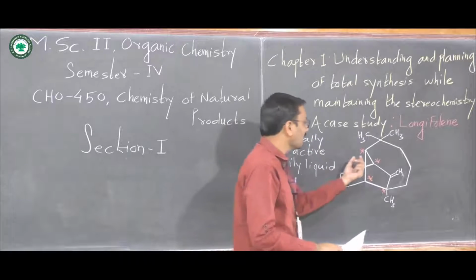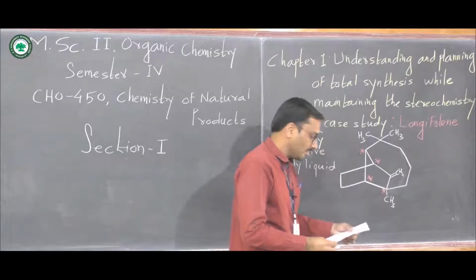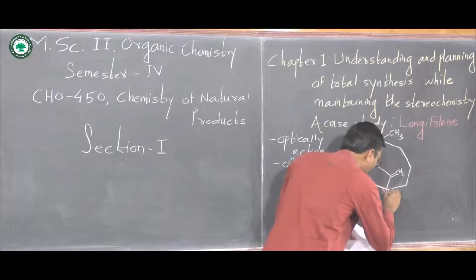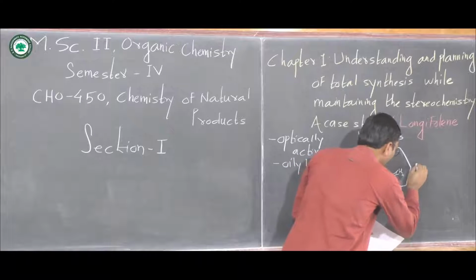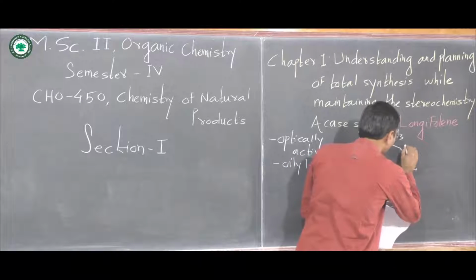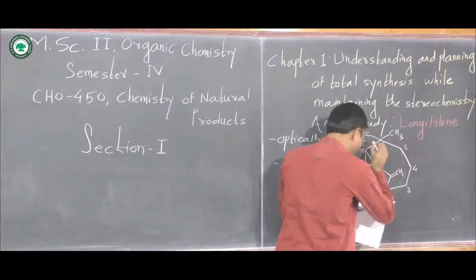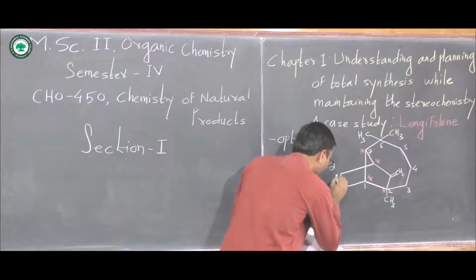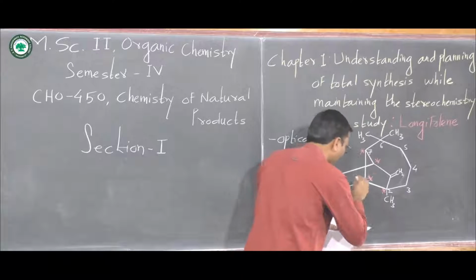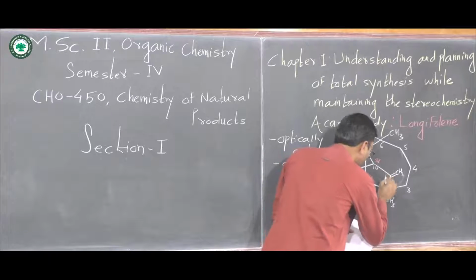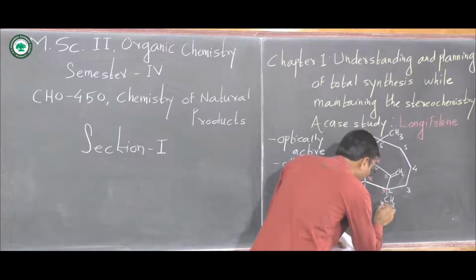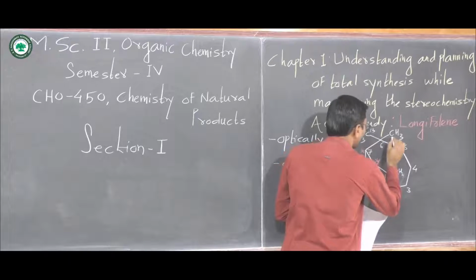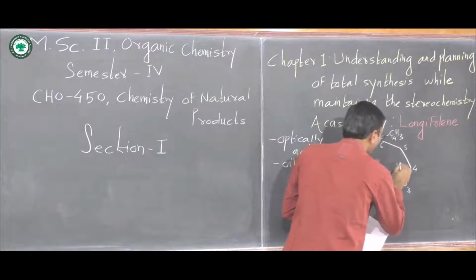We will see the numbering system for this given molecule. First, second, third, fourth, fifth, sixth. This carbon carries number 7, 8, 9, 10, 11, 12, 13, 14 and 15.